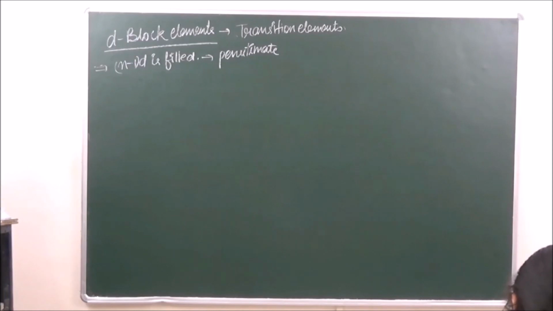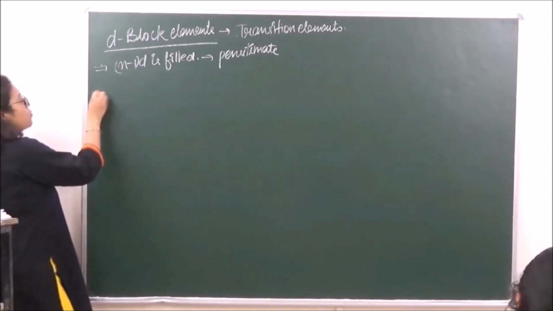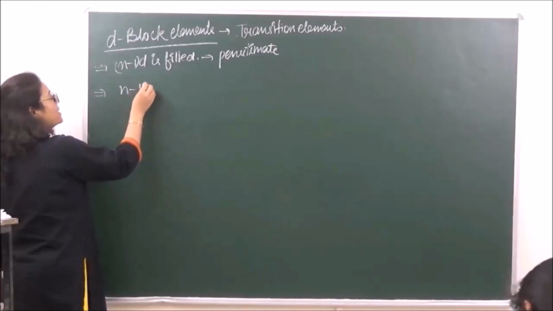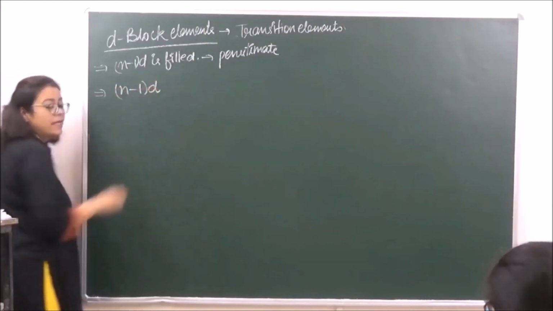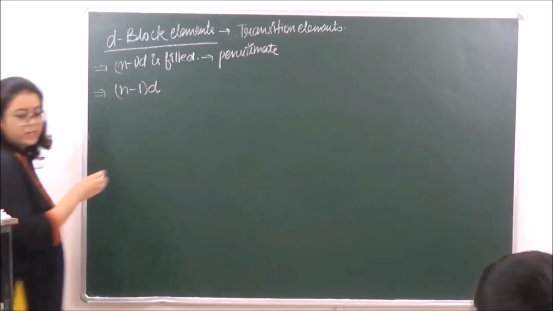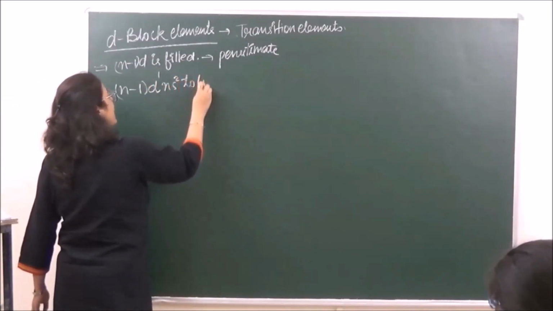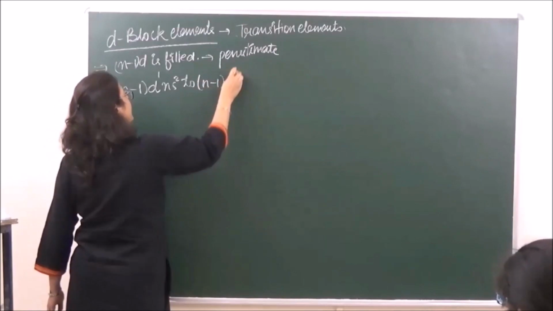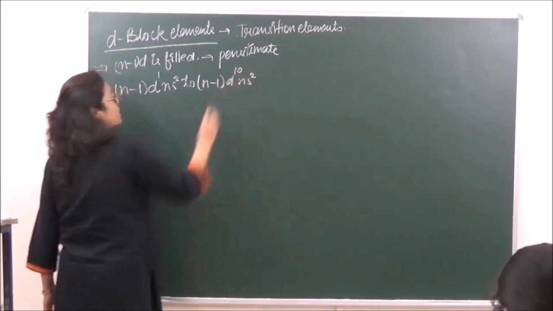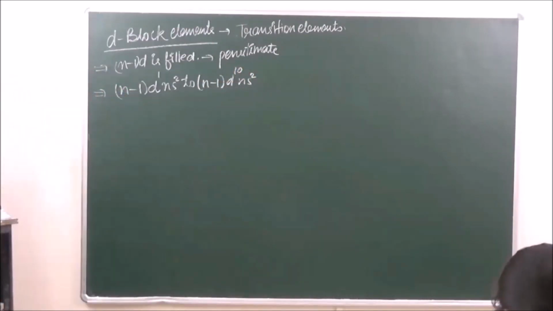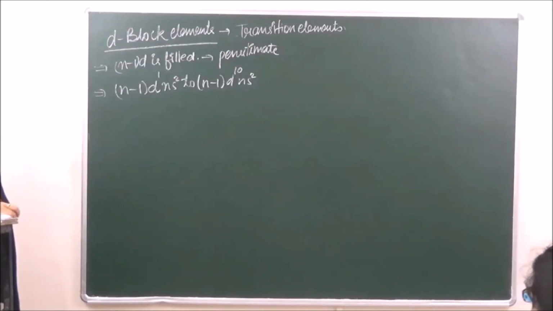The electronic configuration of this varies from (n-1)d1 ns2 to (n-1)d10 ns2. So this is how we are going to progressively fill the d block, or the d subshell.